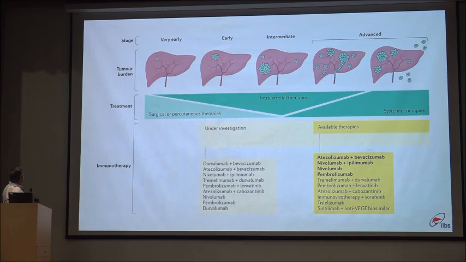Now, this diagram shows the tumor burden. If the tumor burden is like this, then in the early stage and intermediate stage, the intra-arterial therapies are useful.